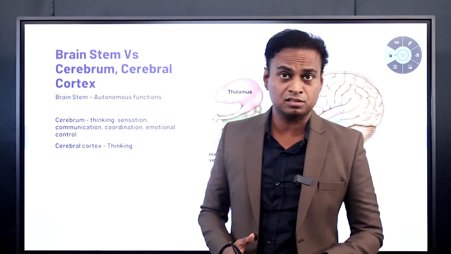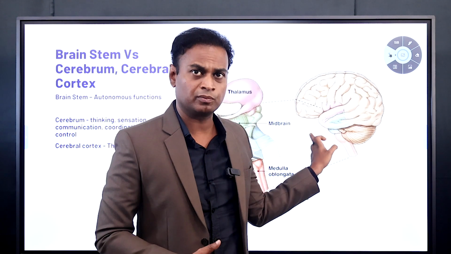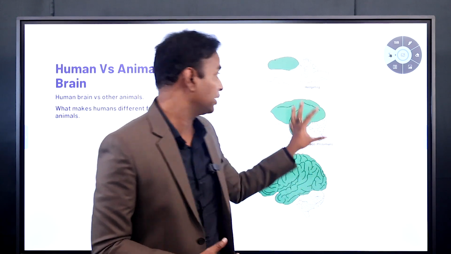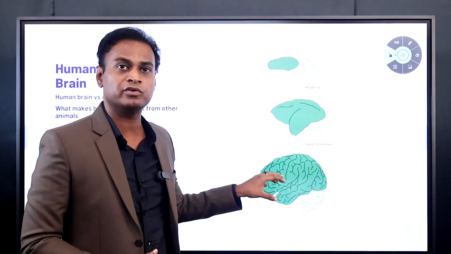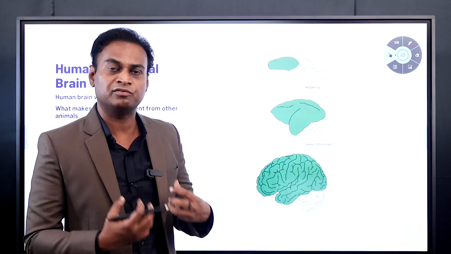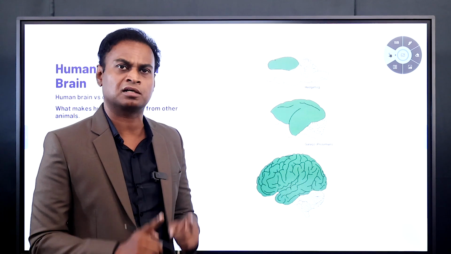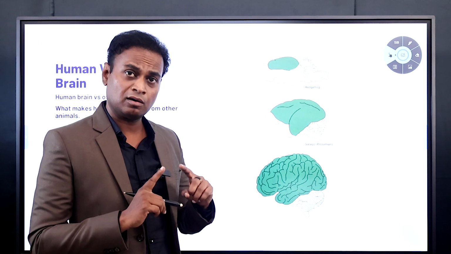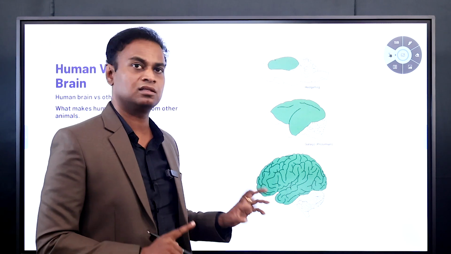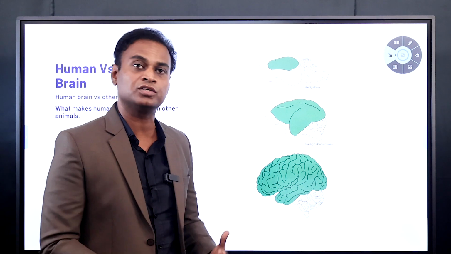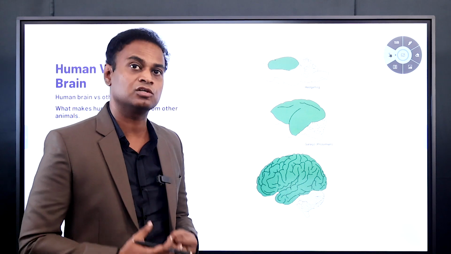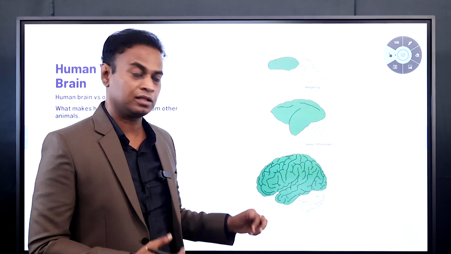The cerebral cortex of a human being is well developed compared to any other animal. That's the reason we are able to think. Human beings differ from other animals only in one character, that is thinking. So human beings can think, other animals cannot think as efficiently as human beings. That makes human beings different from other animals.